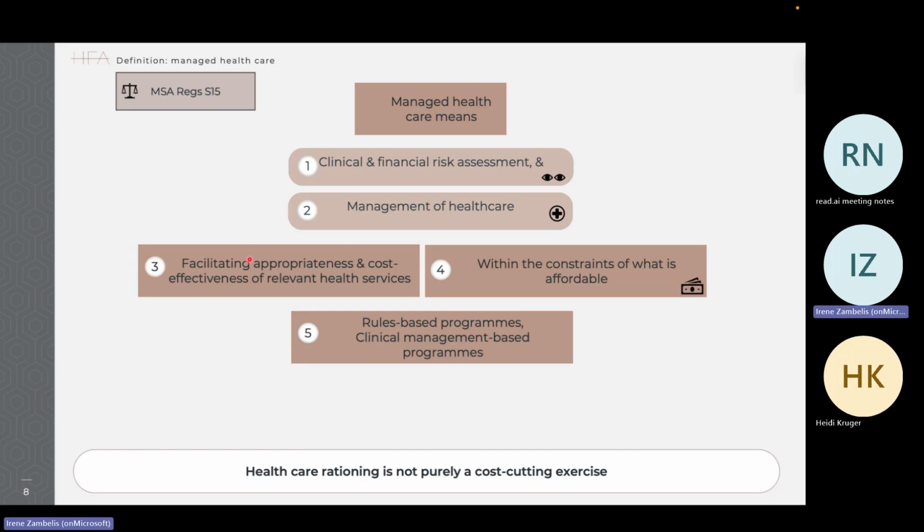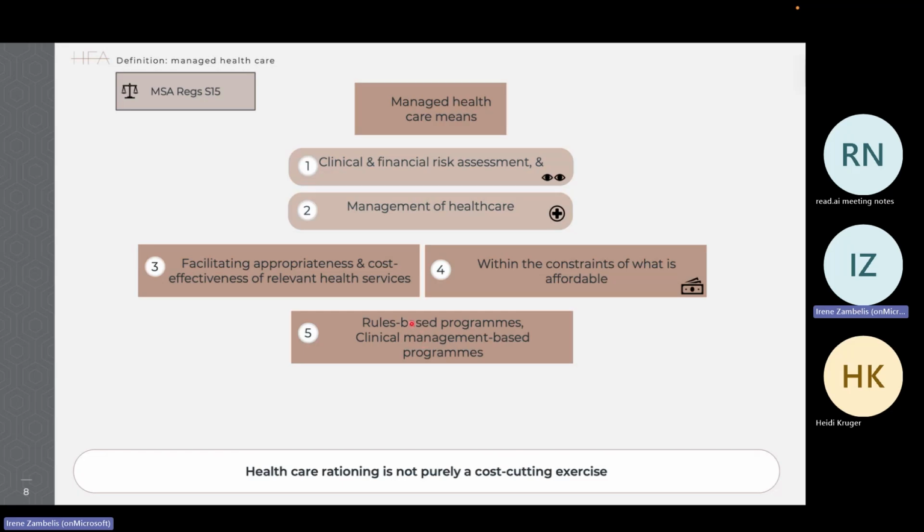And it says so that you can facilitate what's appropriate and cost-effective health services within the constraints of what's affordable. So some lower cost schemes may fund less expensive treatments, and that you have rules and clinical-based programs in place to help you achieve this goal.